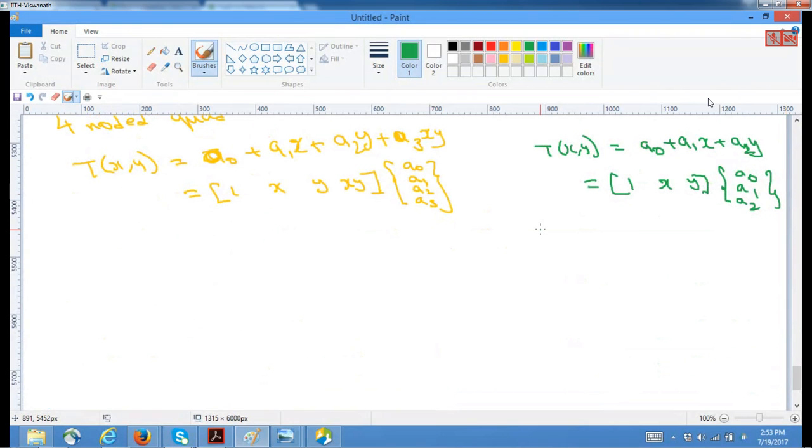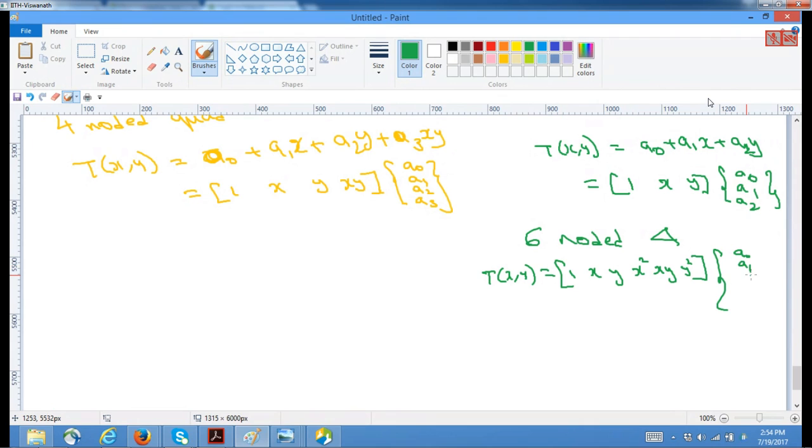Similarly, for a 6-noded triangle, we can write 1 x y x square xy y square into a naught, a1, a2, a3, a4, a5.